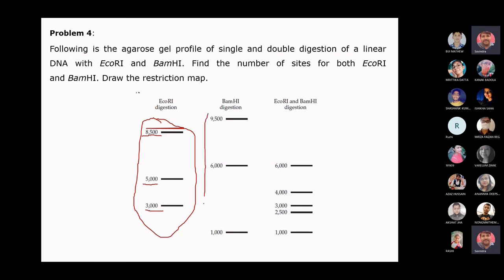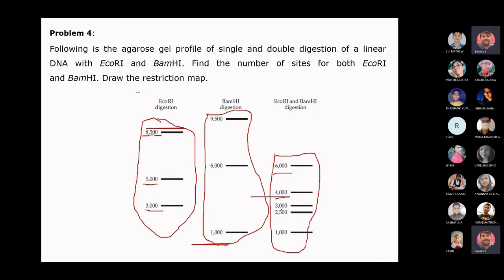If you are digesting it with BamH1, we are getting these 3 fragments: 9.5 kb, 6 kb, 1 kb. And when we are digesting it with a combination of EcoR1 and BamH1, we are getting 6 kb, 4 kb, 3 kb, 2.5 kb, and 1 kb. Is it clear to everyone?